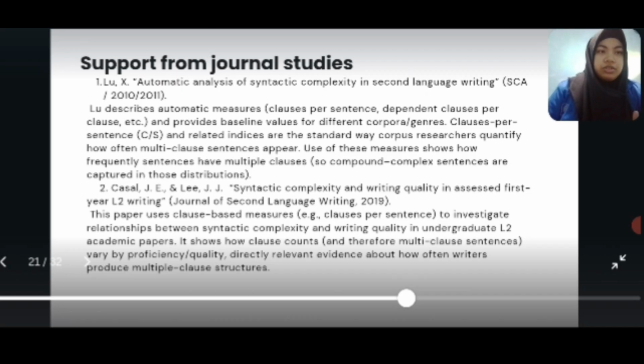Use of this measure shows how frequently sentences have multiple clauses, so compound complex sentences are captured in this distribution. And then the second one: this paper used a clause-based measure, in other words, clauses per sentence, to investigate the relationship between syntactic complexity and writing quality in undergraduate L2 academic papers. It shows how clause counts, and therefore multi-clause sentences, vary by proficiency or quality, which is directly relevant evidence about how often writers produce multiple clause structures.